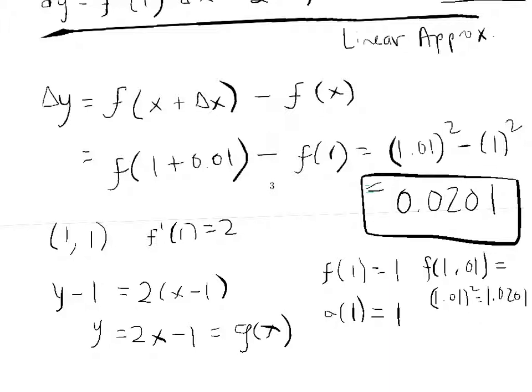Our approximation at 1.01 is going to give us 1.02. So again, those two values are very close. It's a good approximation close to 1. Now, if I plugged in x equals 10, would it still be a good approximation? No, not anymore. But for values close to 1, this is a good linear approximation, or a good tangent line approximation.